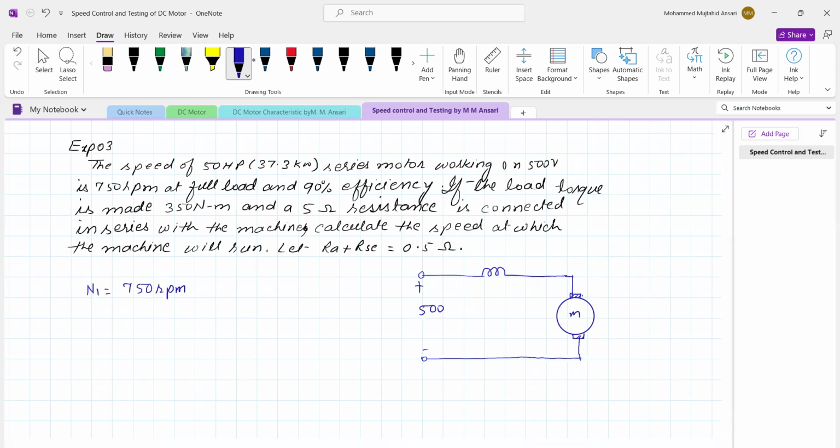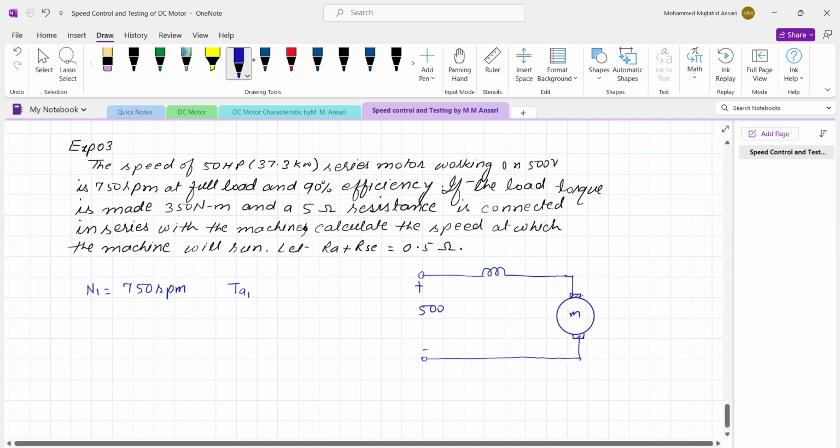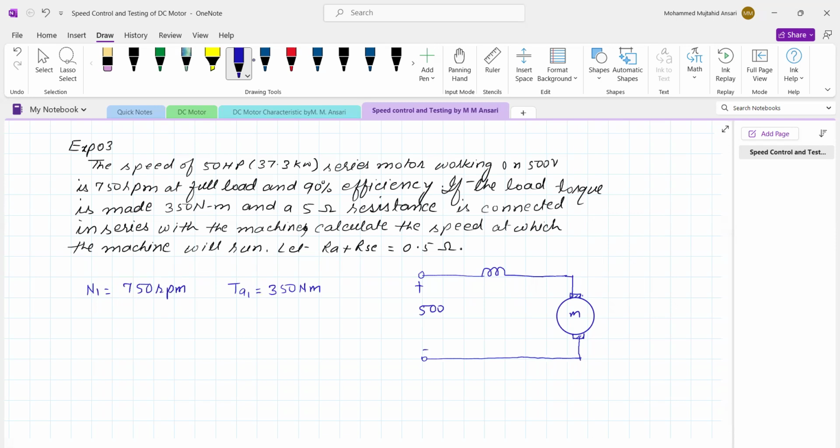If the load torque is made 350 Newton meter, so the torque in the second case TA2 is 350 Newton meter, and 5 ohm resistance is connected in series with the motor. Calculate the speed at which the machine will run.